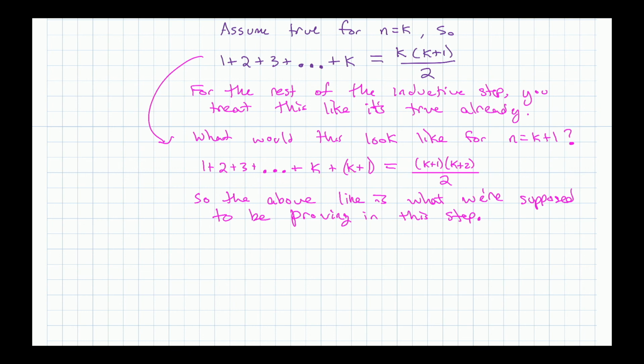And what you're supposed to recognize is the simple fact that the only difference between the n equals k line and the n equals k plus 1 line, at least on the left-hand side, is that this has an extra k plus 1. That's what you're supposed to notice, right? This is extra. So when we go to do our proof, there's many ways to do this, but I'll do it in hopefully the easiest way.